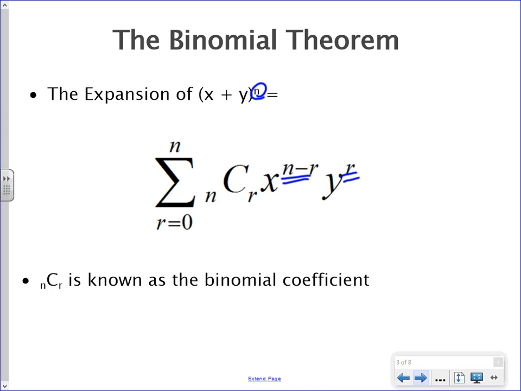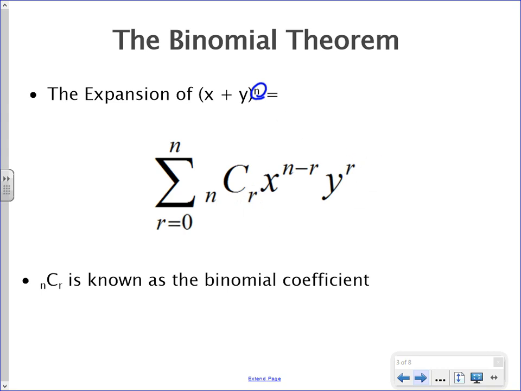So if n is 5, your two exponents should add up to 5 for all of those, okay? And whatever numbers right here in your combination will match your second exponent in each of the terms before you simplify, okay? And that's it.